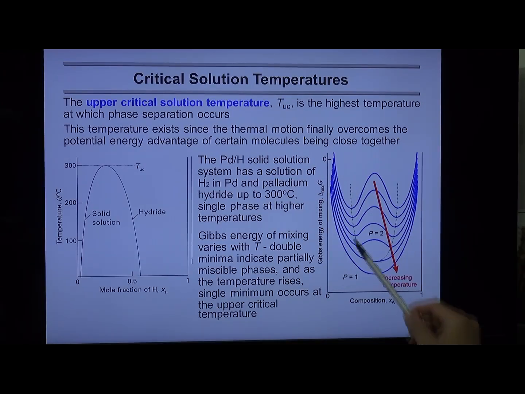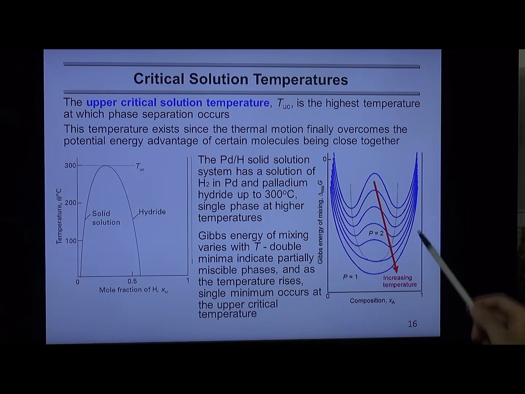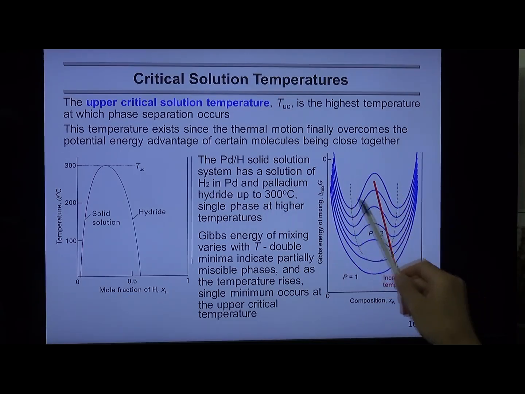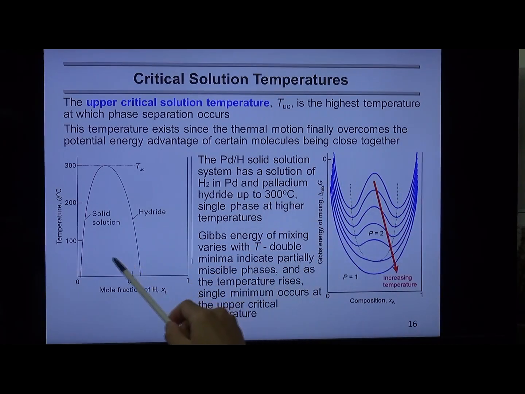Similarly, the Gibbs energy of mixing as a function of composition changes as a function of temperature. As you see, when the temperature is low, like here, there are these two minima, which represent the phase separation of two different phases, as we saw here.